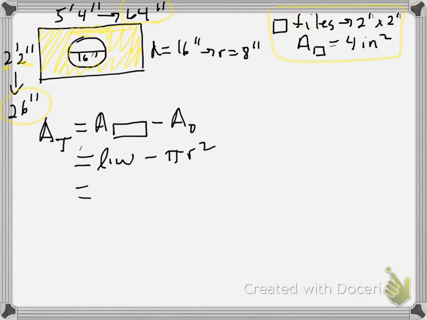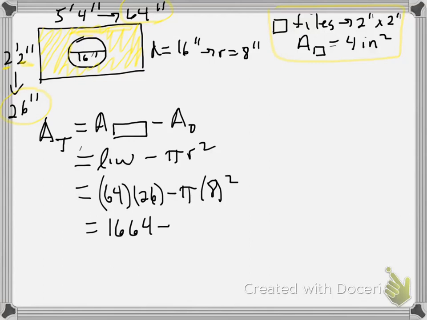So if I go back to this, the length is 64, the width is 26, the radius is 8, and we're going to square it. So what we get here is 1664 minus 64 pi, which isn't that useful. So let's put some numbers into there.